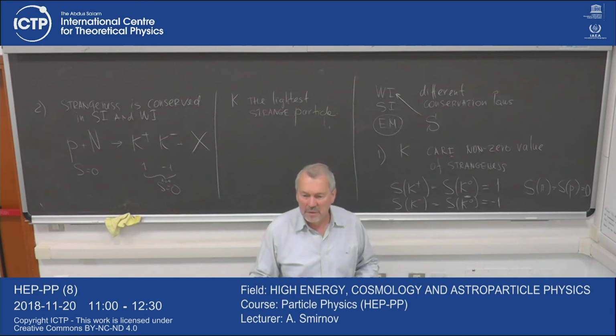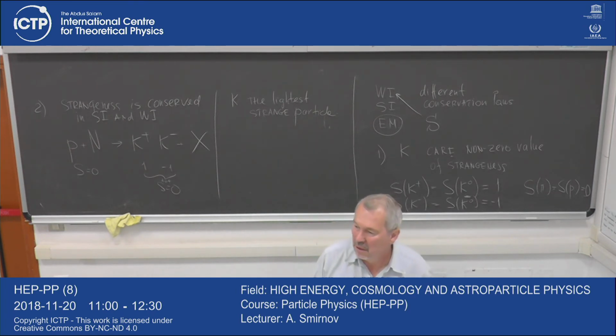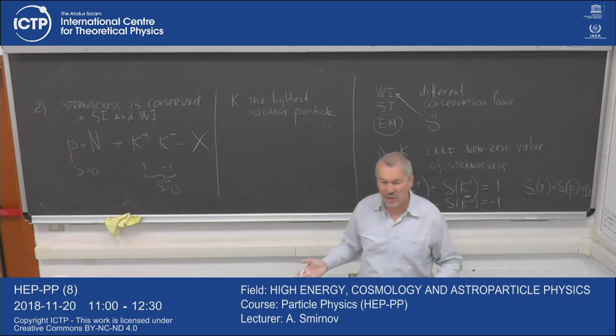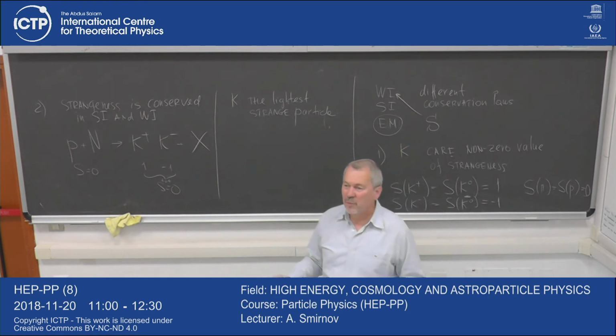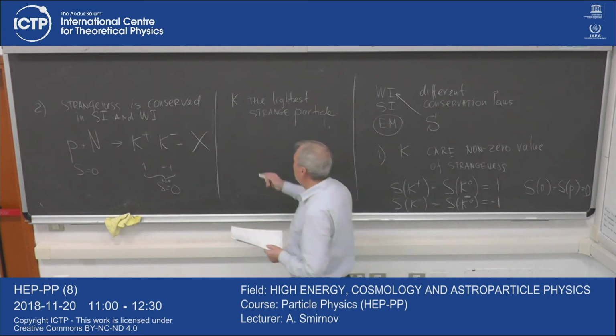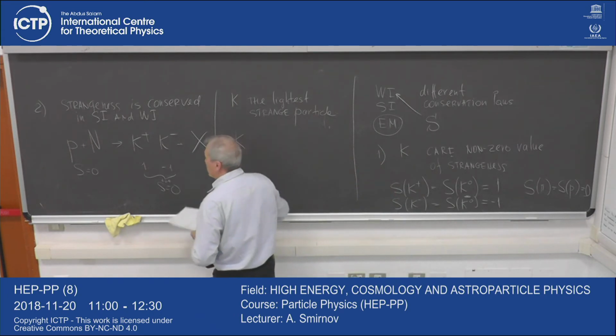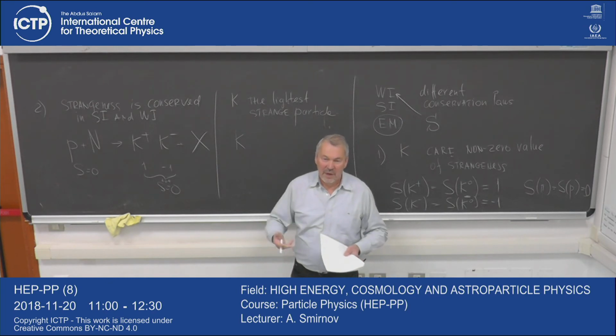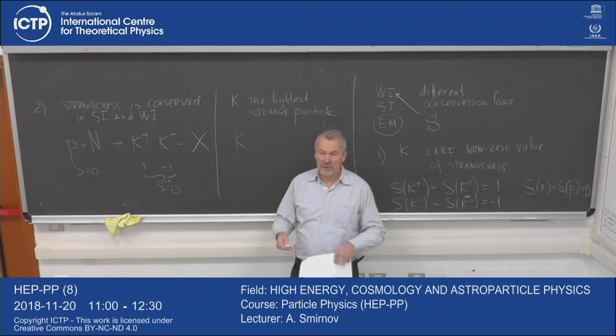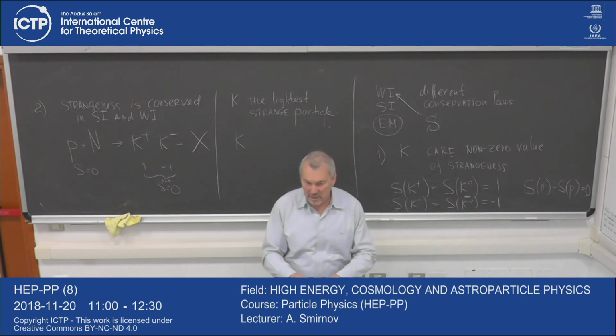So all other hadrons or other particles which are lighter than K have strangeness 0. What does it mean? This means that the decay of a K meson should go with violation of strangeness, right? Because a particle can decay only to particles which are lighter, so the sum of masses should be smaller.